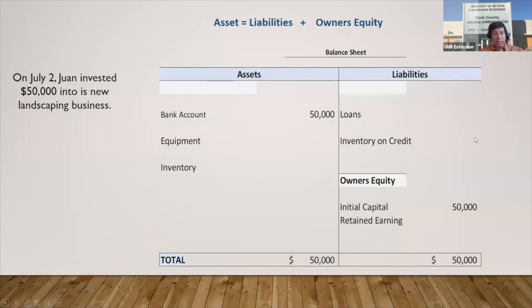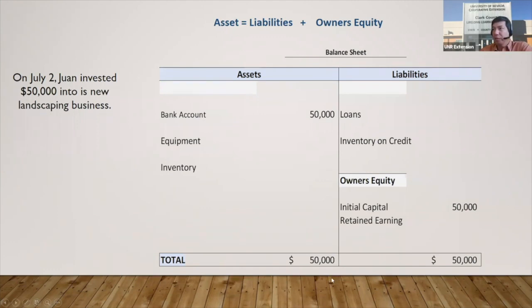Okay, let's start with an example because we might be running out of time. July 2nd, Juan invested 50,000 in a new landscaping business. And we're going to try to keep the equation in balance. So into the bank account goes the 50,000. It's my money, I'm the owner, so it goes to the initial capital, or owner's equity, of 50,000.